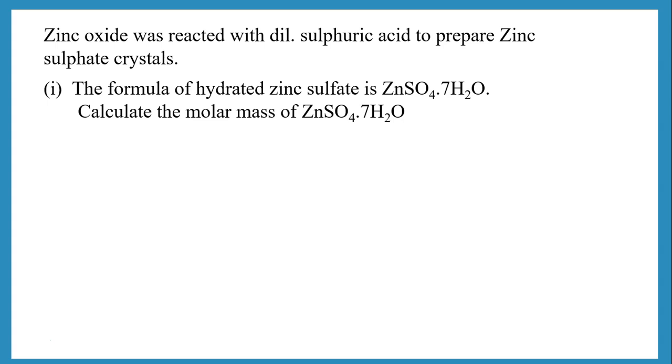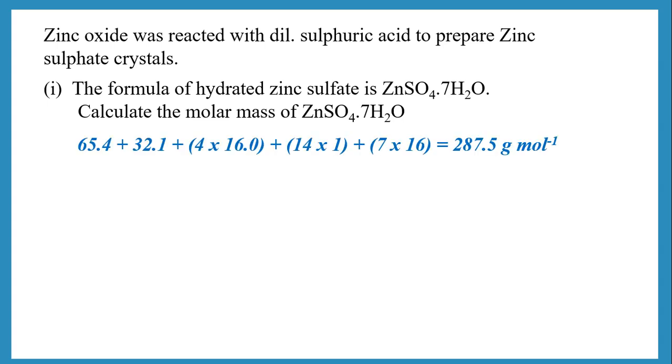So basic chemical calculation involves the calculation of the molar mass, which we represent by MR. That is the total masses of all the atoms, and you get that from the periodic table. So if we're required to get the molar mass of zinc sulfate, 7 water, we get the mass number of zinc. I'm going to remind you that the mass number is the big number in the periodic table.